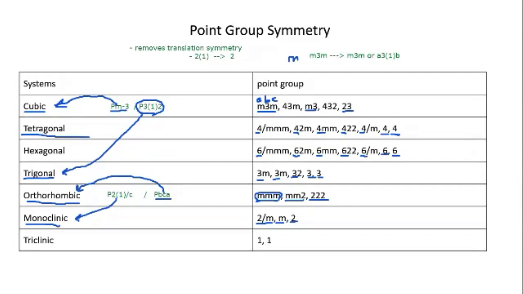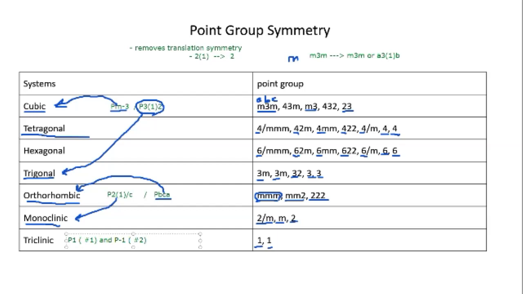Now triclinic, it's very easy because it has no rotational symmetry, no reflection symmetry. There's only 2 space groups in triclinic, and that is P1, which is designated space group number 1, and P1 bar, which is space group number 2.